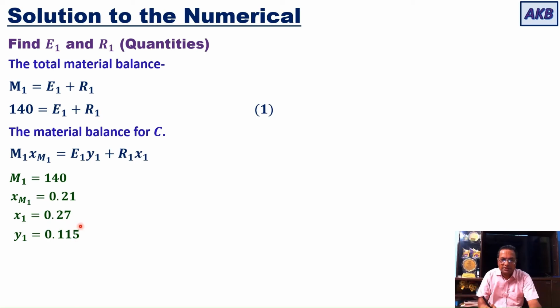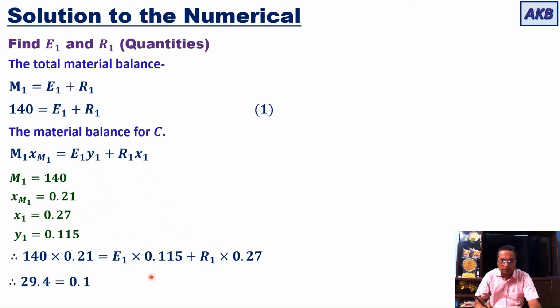And now let us use these values. So it will be 140 into 0.21, that is equal to E1 into y1, which is 0.115, plus R1 into x1, which is 0.27. So that is 29.4 is equal to 0.115 E1 plus 0.27 R1. And now I'm calling it equation 2.